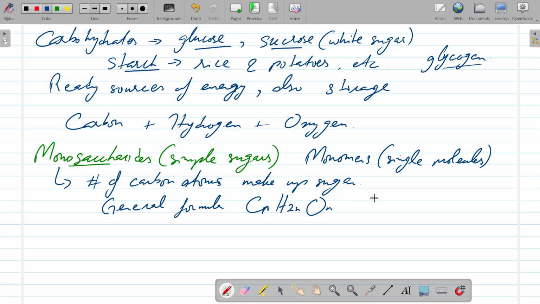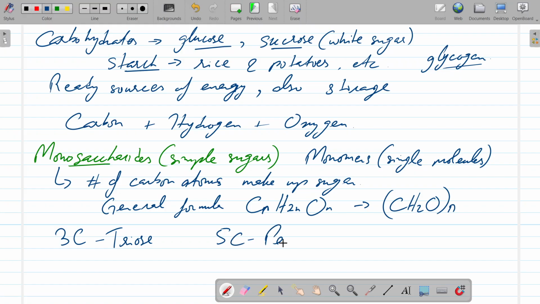You can condense that and write it as CH2O, taking n as a common factor out. It's the same thing. And so what we'll be talking about are 3 carbon sugars that are called triose, 5 carbon sugars which are called pentose, and 6 carbon sugars which are called hexose.